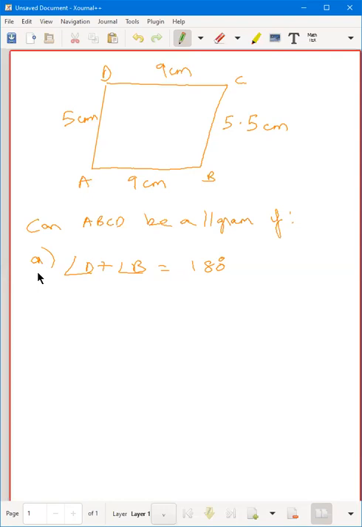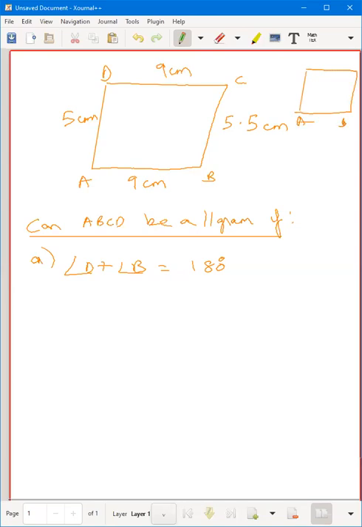Ignore this diagram for now, okay? We're just given a quadrilateral. Ignore this diagram for this question. We're just given any quadrilateral A, B, C, and D. So we're given that angle D and angle B are 180 degrees together. Do not take this 5.5 into consideration right now.